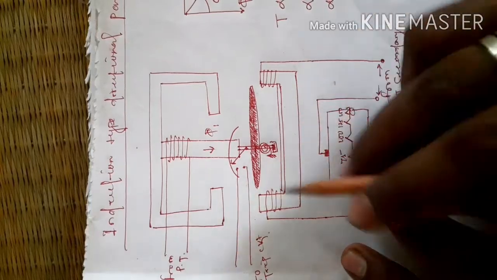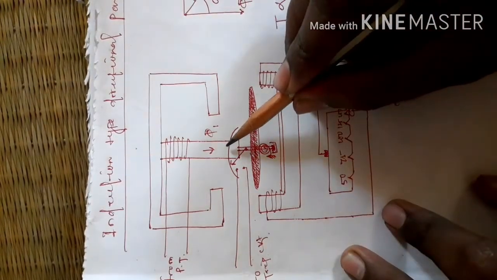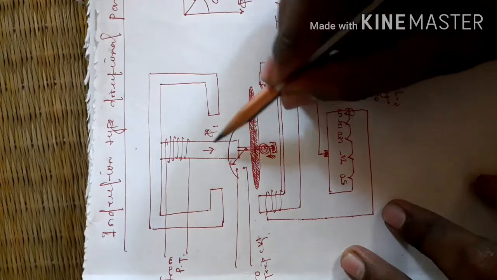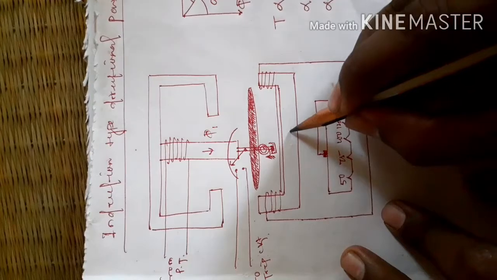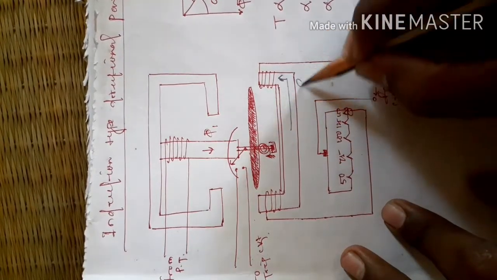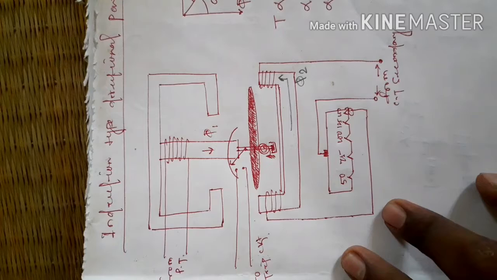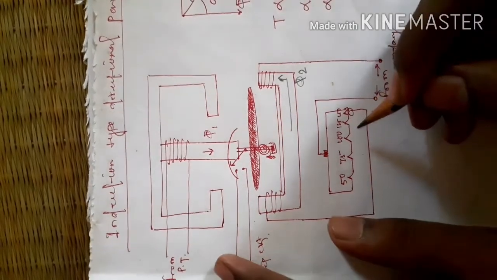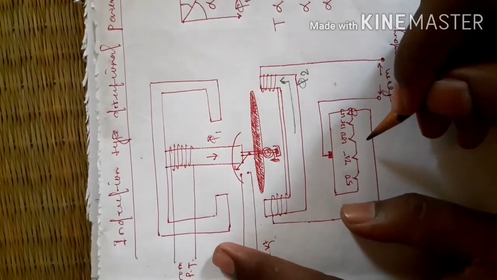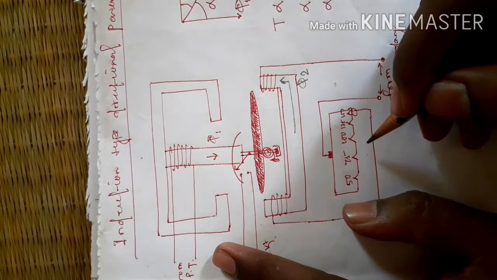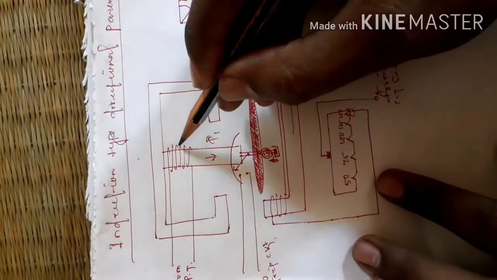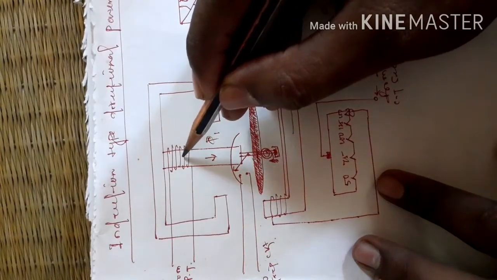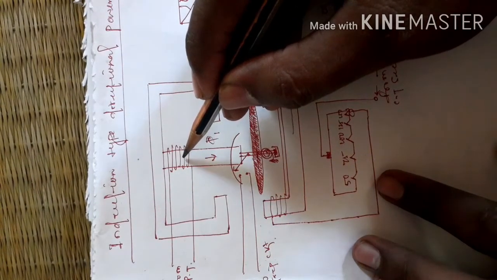Phi 1 is the flux developed due to the upper electromagnet coil, and flux phi 2 is developed due to the lower electromagnet coil. When the secondary side of the potential transformer is connected with the upper electromagnet coil, a voltage is induced in it. This voltage is called self-induced EMF.